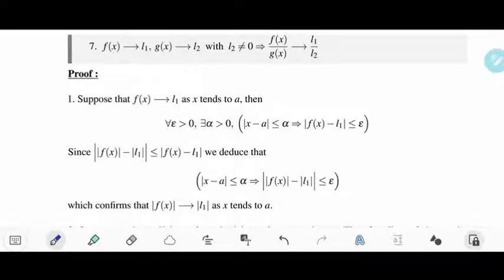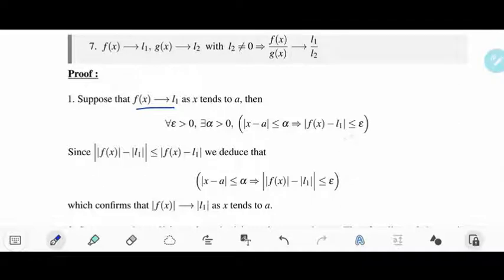Let's try to prove some of the results given in here using the definition of the limit of a function. For the first one, for example, suppose that f of x tends to L1 when x tends to a, then using the definition of the limit, we have for all epsilon positive, there exists alpha positive such that if |x minus a| is less than alpha, then |f of x minus L1| is less than epsilon.